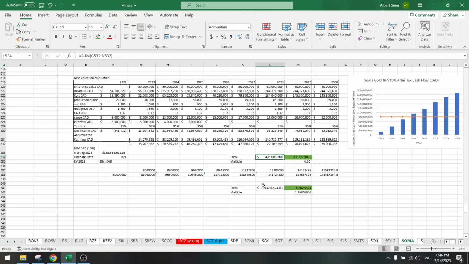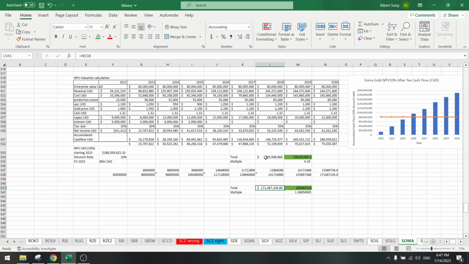This changes, of course. These numbers change. And this is the number that changes. So let's put this here.